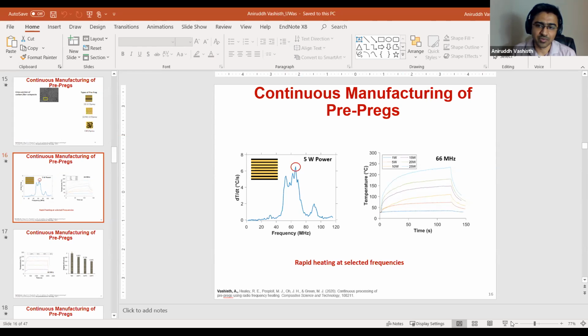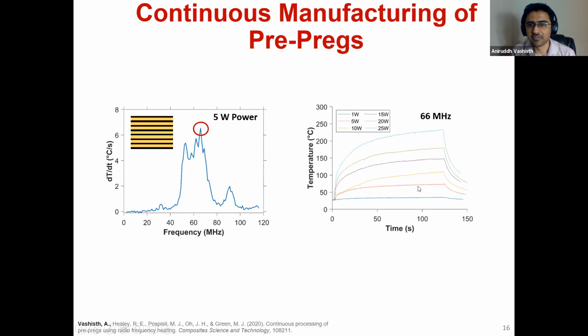For example, if you look at this graph, if you keep increasing the input power, you can get to really high temperatures. I know there was one student who was curing ceramics at almost 900 degrees Celsius using this method. That's a really high temperature, so you should be able to get to those temperatures.